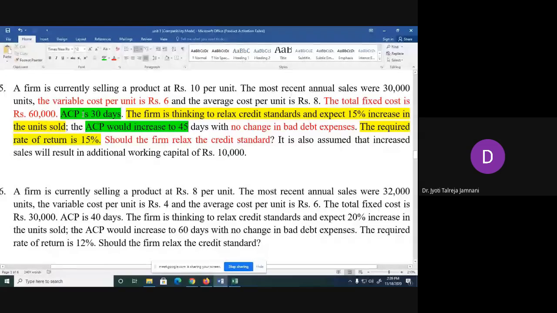The first one given, 30 days, is the existing average collection period. As of today, you give them 30 days time to make payment. And after you relax your credit standards, the average collection period has increased to 45 days. So some of the customers are paying you after 45 days. So this 30 days is existing and this 45 days is proposed. Any doubts, anybody?